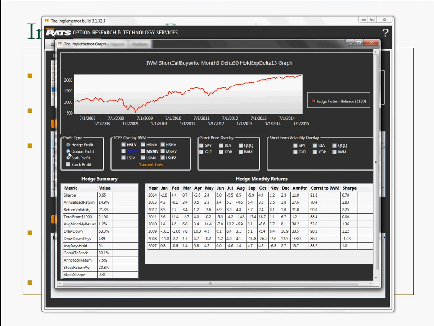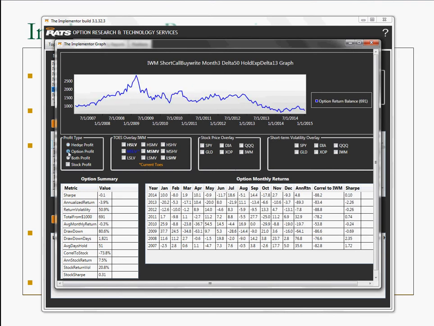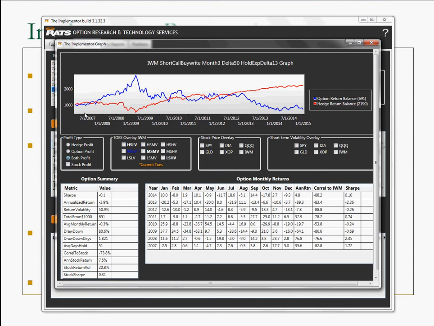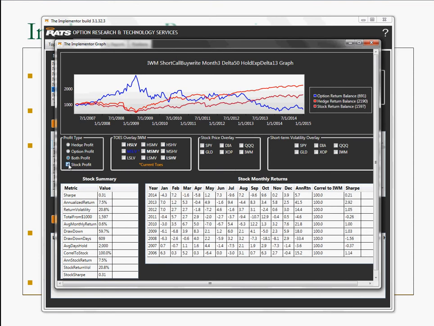If you want to see option profit alone, it looks much different, and you could compare both, or you could just show the stock profit. The stock profit is handy because you could see how it compares to the strategies. So the stock would have done better than the blue, but worse than the red, light red.